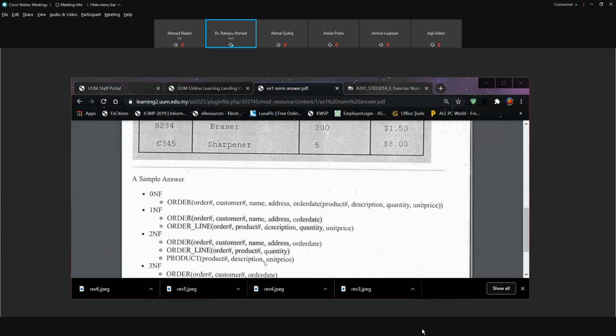Why? Because these two things are fully dependent on product number. It doesn't depend on both. Okay, yang depend on both is just the quantity. Okay, and for the above one, you tak payah buat apa sebab we only have one key, which is the order number. So the customer number, name semua remain kat sini lah sebab we only have one key.